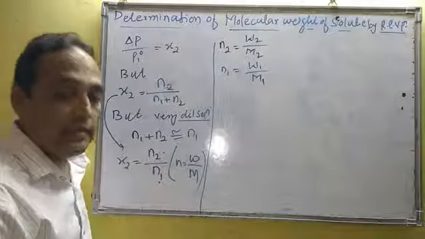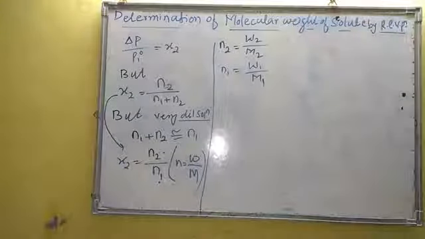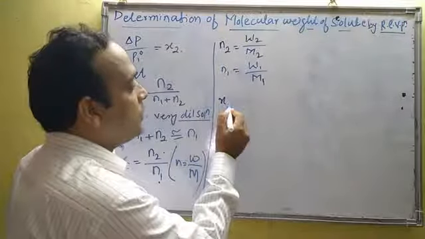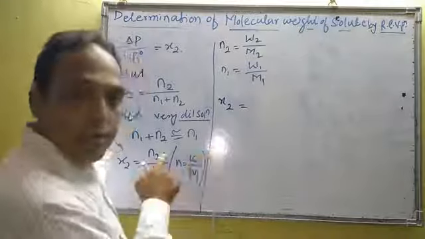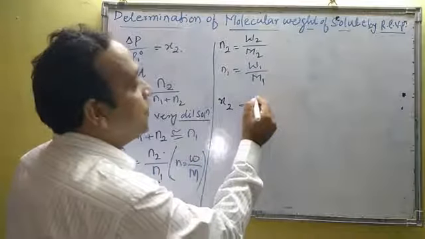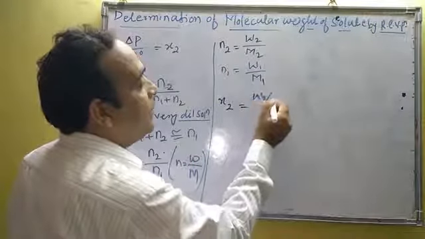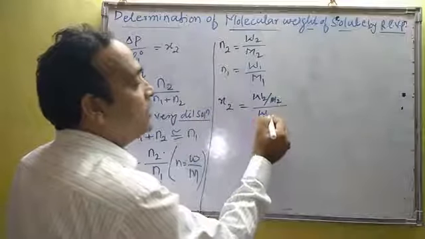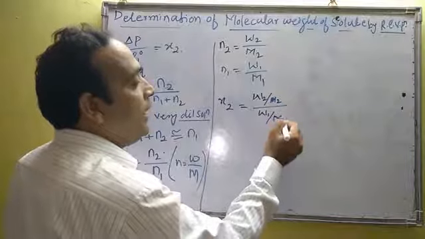Here we can say, x2 is equal to, substitute the values of n2 and n1. So n2 is equal to W2 by M2, divided by n1, which is equal to W1 by M1.